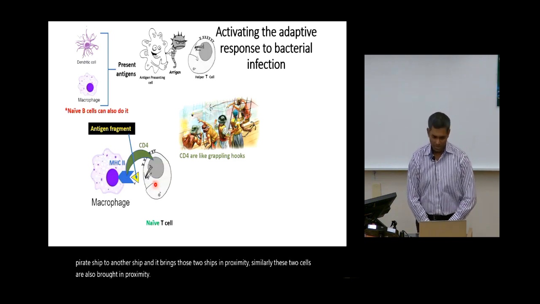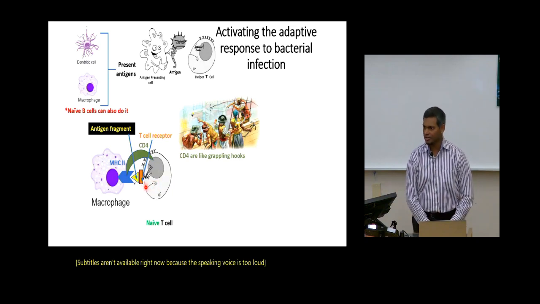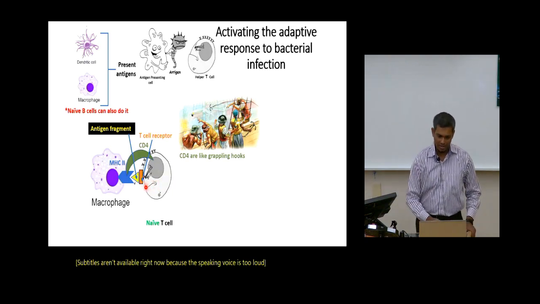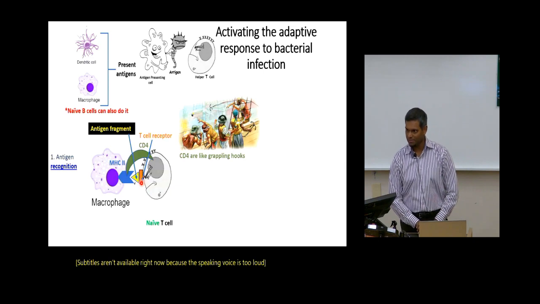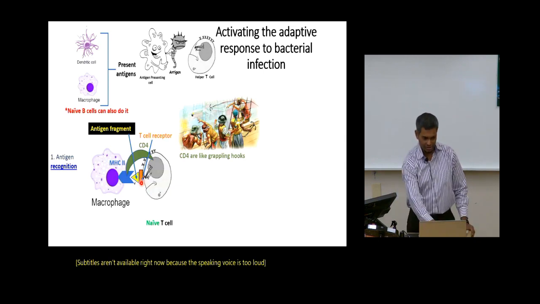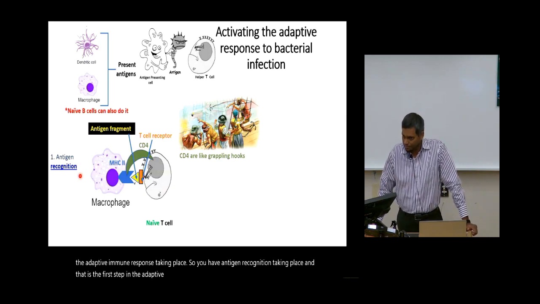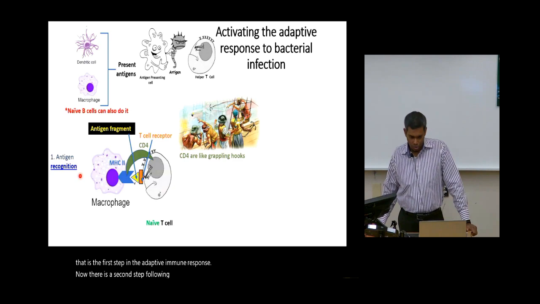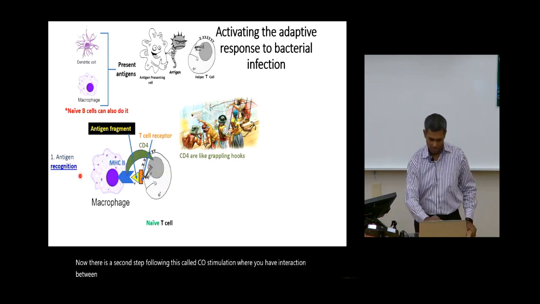Similarly, these two cells are also brought in proximity. And when they're brought in proximity, there will be an interaction between the T cell receptor on the surface of the T cell that can interact with the antigen fragment. And this is the very first step in the adaptive immune response taking place. So you have antigen recognition taking place, and that is the first step in the adaptive immune response. Now there's a second step following this called co-stimulation, where you have interaction between two different proteins, right?